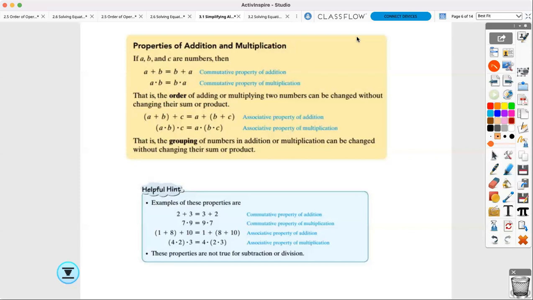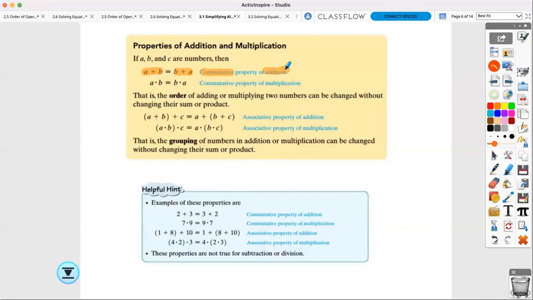It's saying that if A, B, and C are numbers, then we can say that A plus B is the same thing as B plus A. That is what this property is saying, that A plus B is the same thing as B plus A. That is the commutative property of addition. So that's why when you see the numbers 1 plus 2, we can rewrite it as 2 plus 1, and it will stay true.